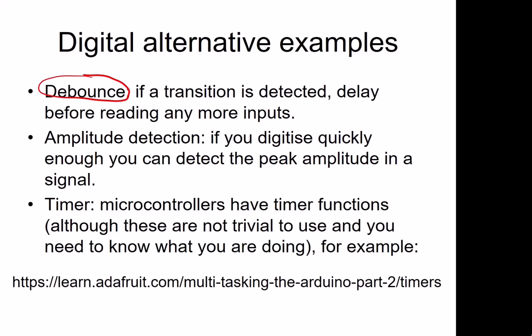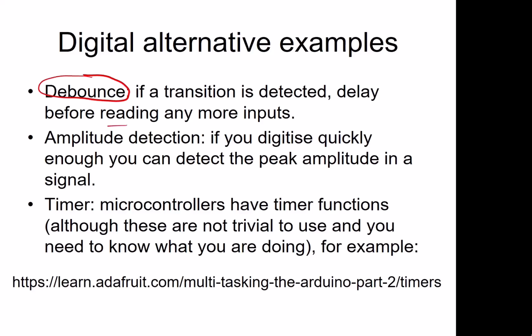This is also quite easy to do in software. If you're counting these pulses in say an Arduino, then when you detect one pulse, all you need to do is delay, so you don't do any more readings for a certain amount of time, and that would effectively get rid of the debounce. So that's quite an easy software solution.